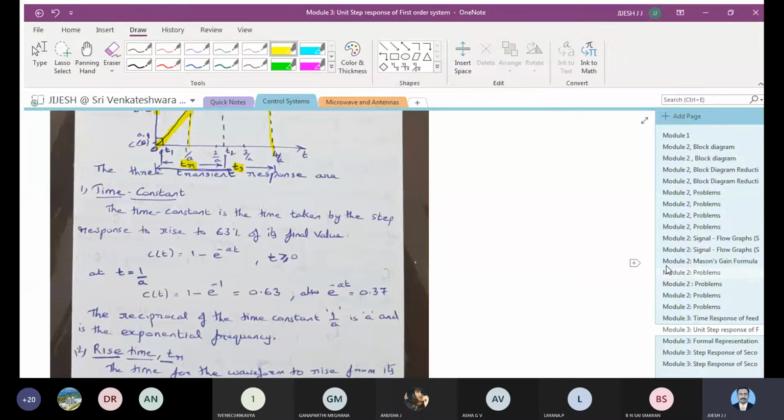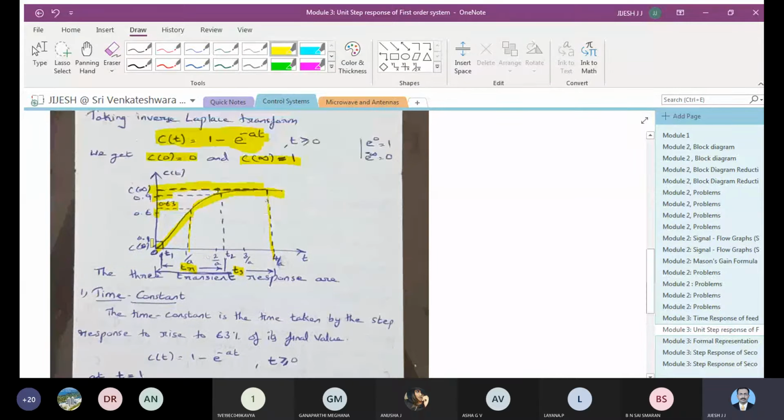What you can see here is that we start from zero, and slowly it rises further, goes like this, and then comes to the steady state. This point is where it comes to 63% of the final value.